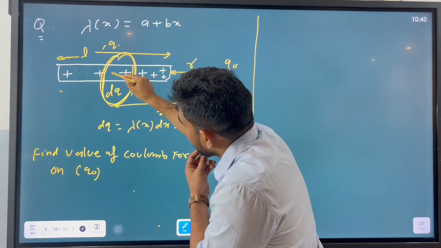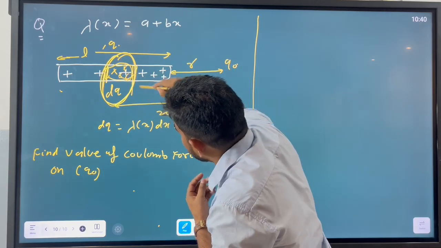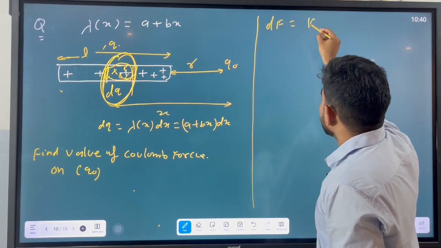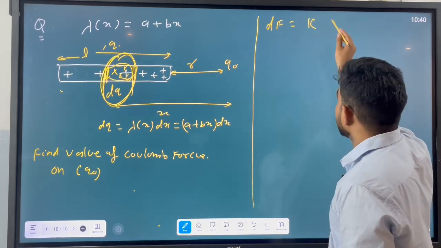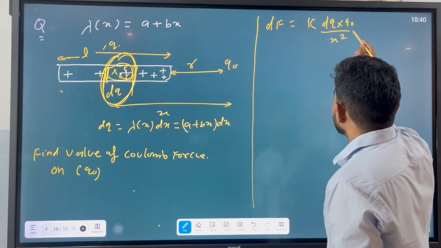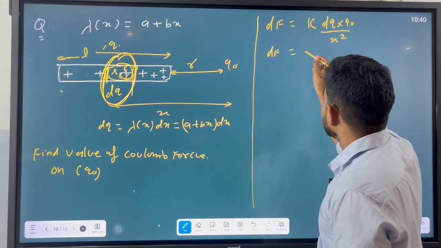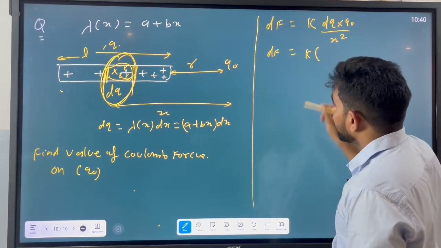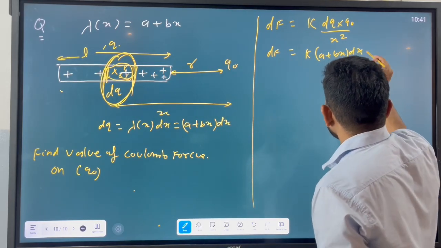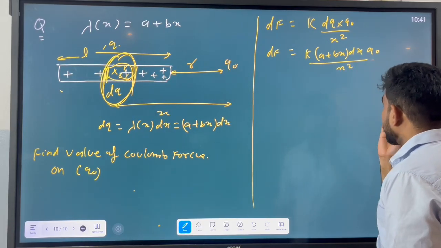The Coulomb force dF equals k, the electrical constant, times dq times q naught divided by x square. That is, dF equals k times (a plus bx) dx times q naught divided by x square.